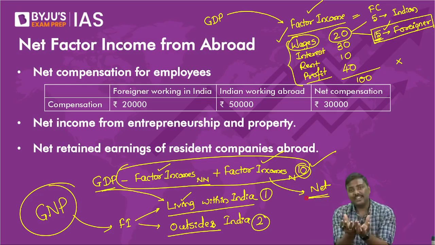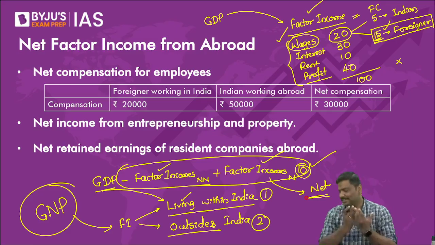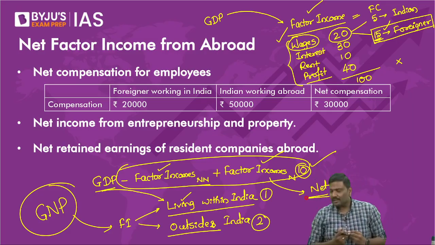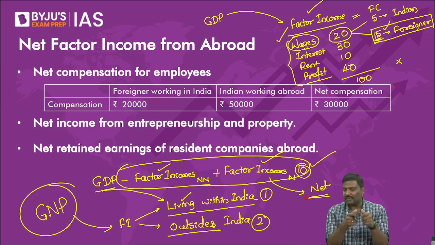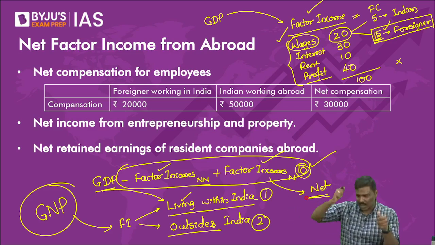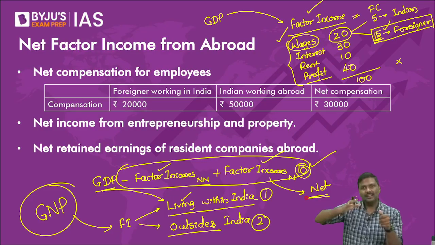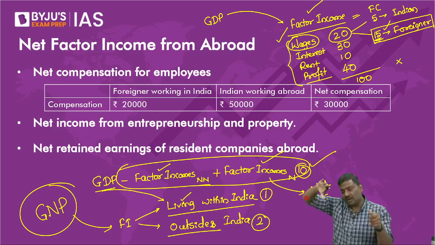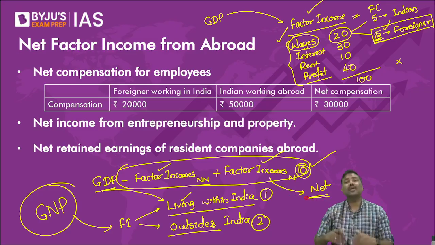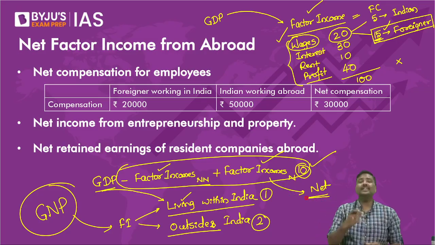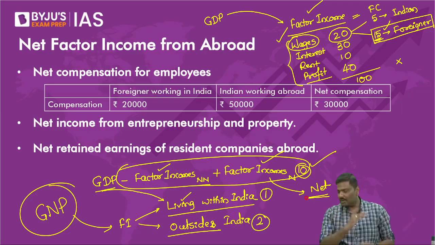The difference between them is called net. I'll repeat it. The difference between the factor incomes you are supposed to add and the factor incomes you are supposed to subtract is called net: net factor income from abroad.